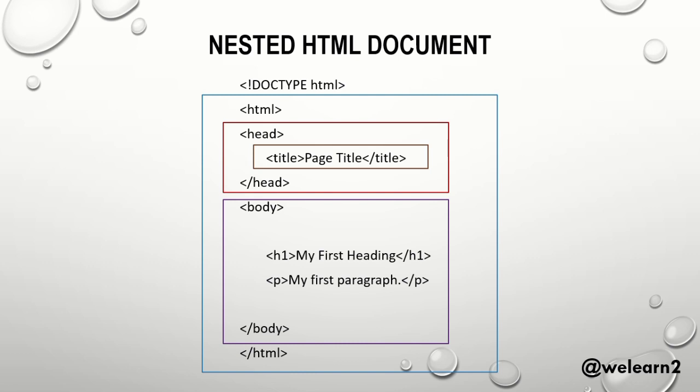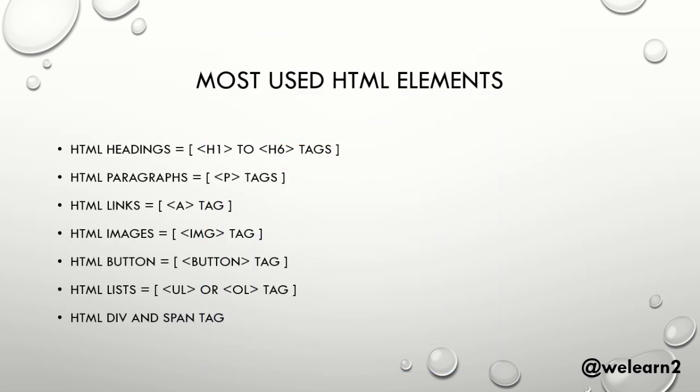And the body element is also nesting the h element and then the p element. So this document is a nested HTML document. There is no way you are going to have an HTML document that is not nested. All the code you will be writing henceforth will be nested. All HTML documents are nested.